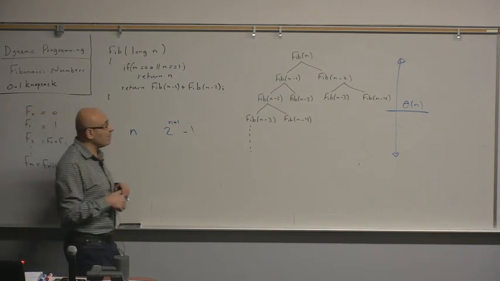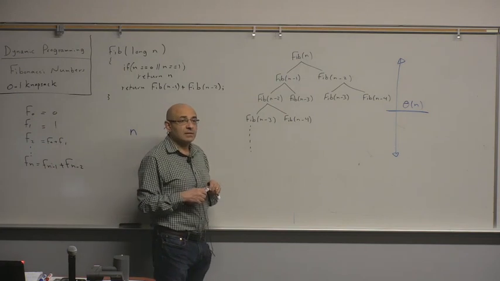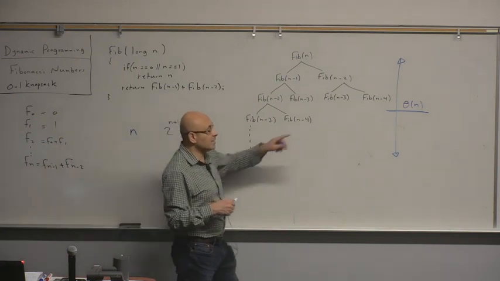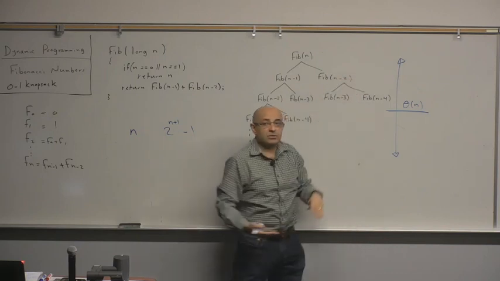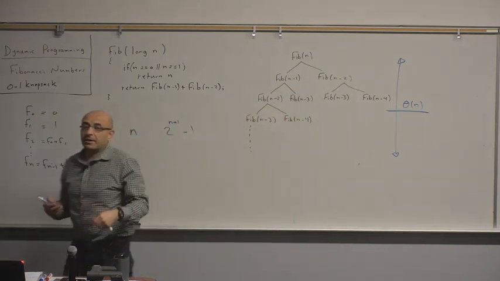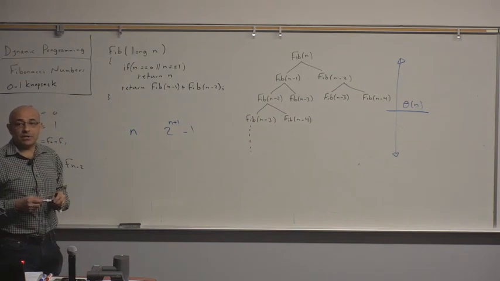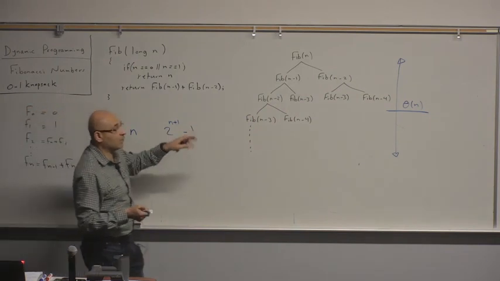So here, what's our input size? Our input size is n, which is the height of the tree, which means that the number of nodes is going to be exponential. So this is going to be an exponential algorithm.